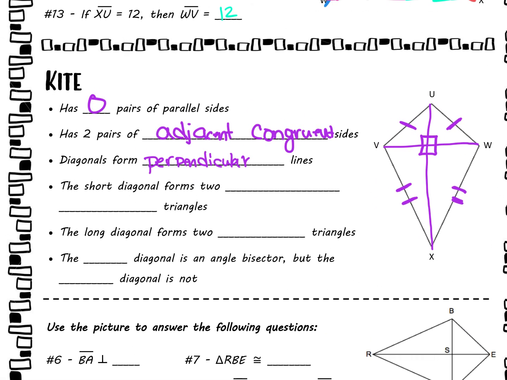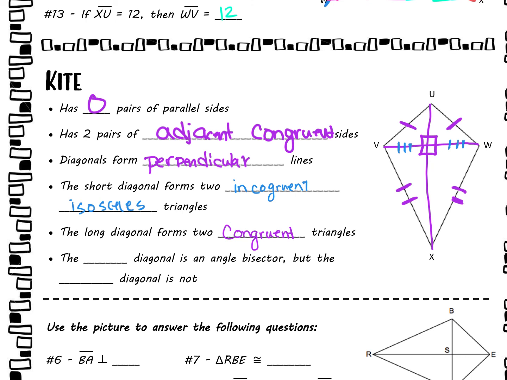The short diagonals form 2 incongruent isosceles triangles. And then that means that this happens here. And then the long diagonal forms 2 congruent triangles.